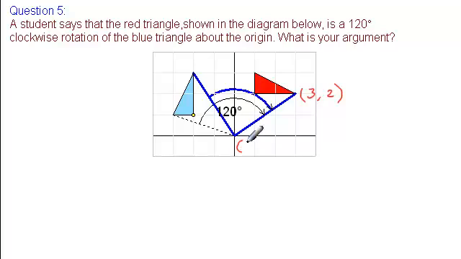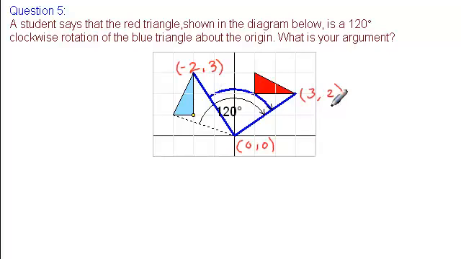The center is at the origin, so this is 0, 0, and the coordinate of the blue triangle vertex which is connecting to the center of rotation, we can see, is negative 2 and positive 3.